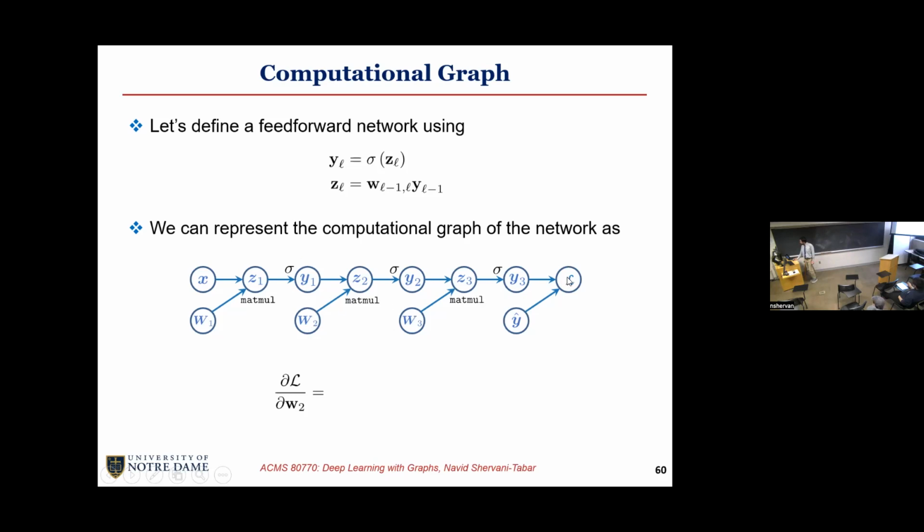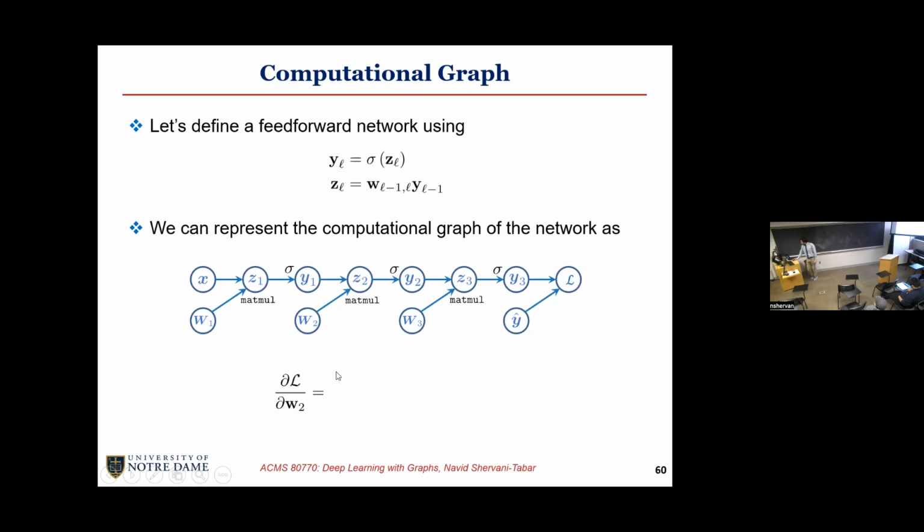So I start with L, and I say that my L is a function of y3, and that's a function of z3, and that's a function of y2, that's a function of z2, and that's a function of w2. So I'm just finding the path that shows how w2 is a parent of function L in the computational graph. Next, I'm going to compute the derivatives in order using the chain rule.